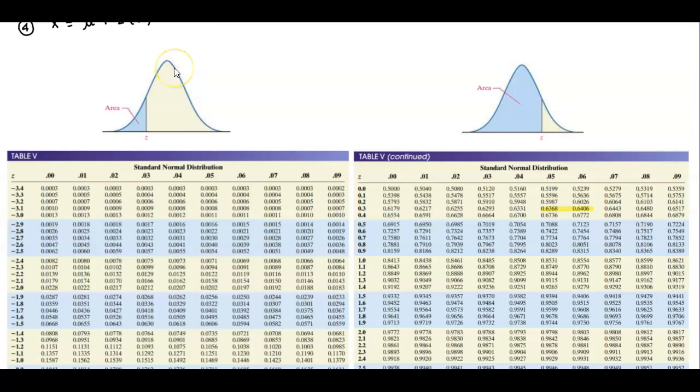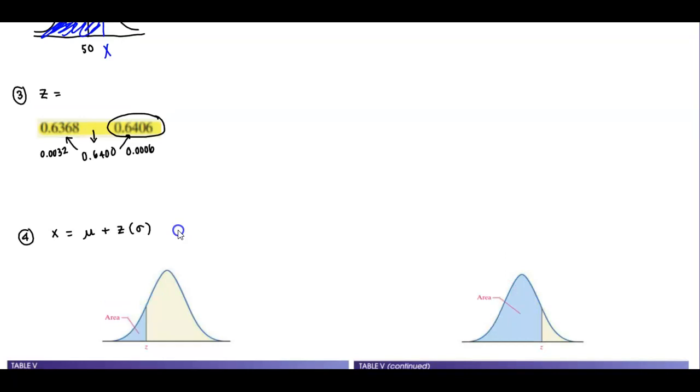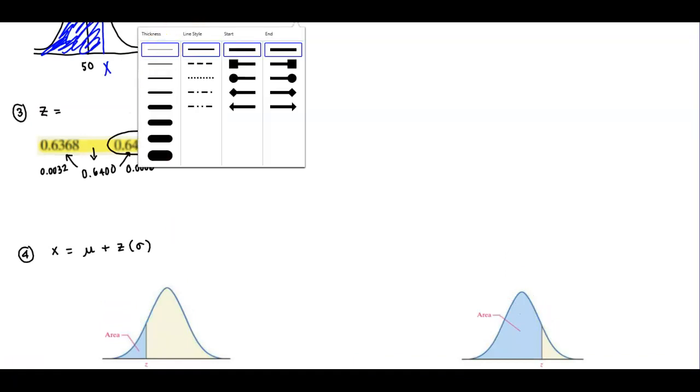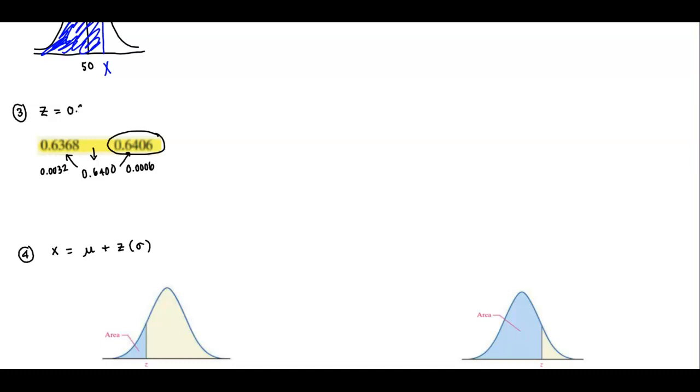Our z-score goes to 0.6406, which is 0.36. Therefore, that gives us a z-score of 0.36.